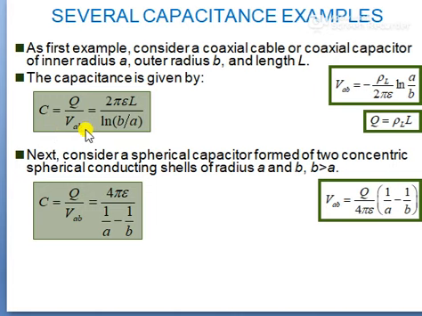E is rho L by 2 pi epsilon r in the direction a r, and dl is dr a r.